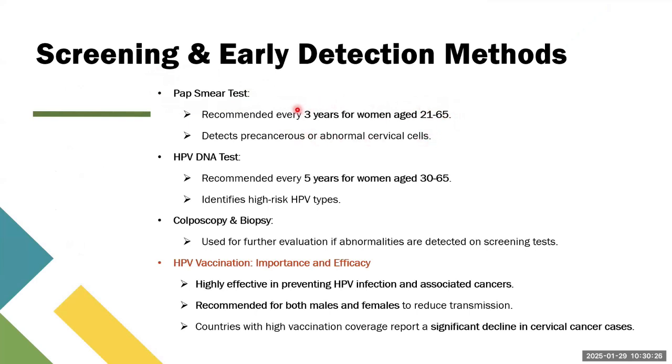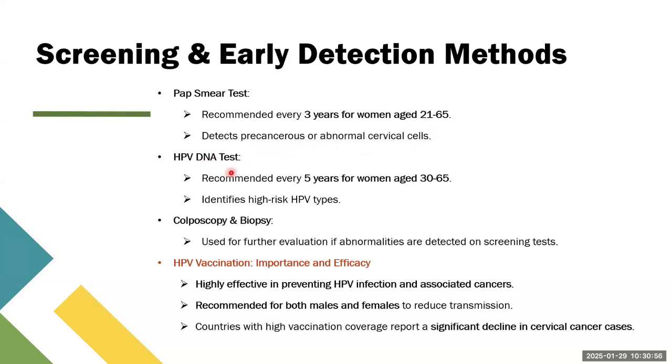So with regular pap smear tests every 3 years in females of the 21 to 65 age bracket, if any precancerous or abnormal cervical cells are seen, early treatment will be deployed to kill the abnormal cells or any cells that look suspicious, so they do not transform into cancer.